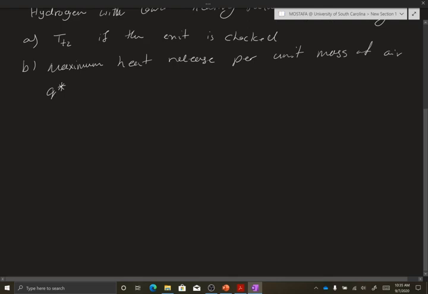We are also asked to find the fuel to air ratio F to thermally choke the combustor exit.